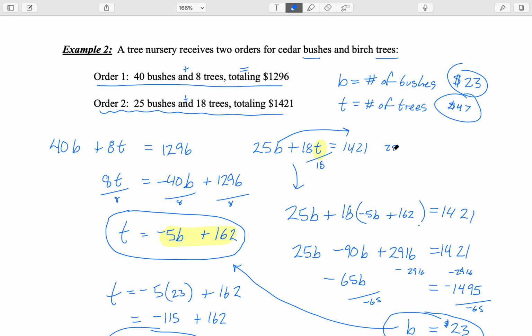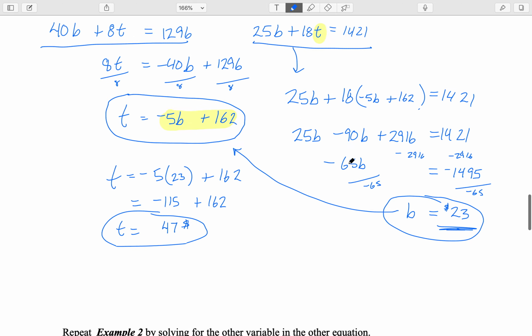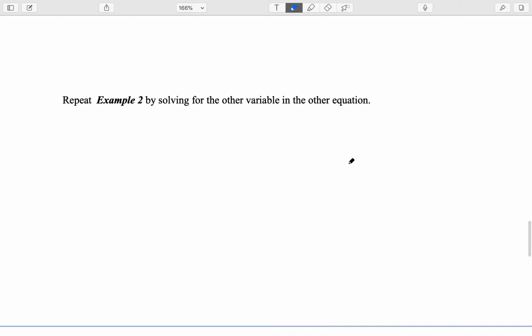I'm going to get 25 eighteenths. Yikes. Or I could have moved this over and divided by 25. I'm going to get 18 25ths. Those are not nice fractions, so let's not do that. You can do it 4 different ways. I can either solve for b or t in the first equation, or I can solve for b or t in the second equation. So usually one way is going to be way easier than the other.